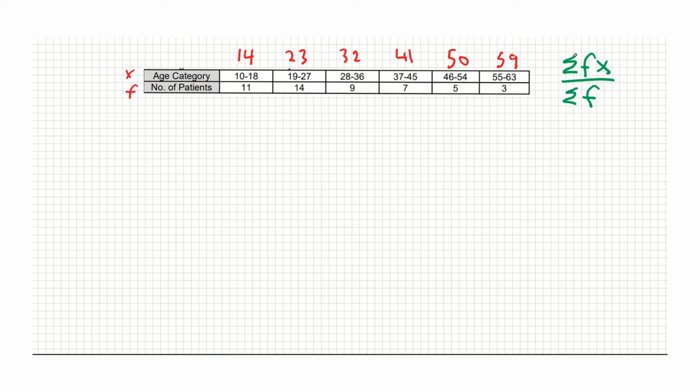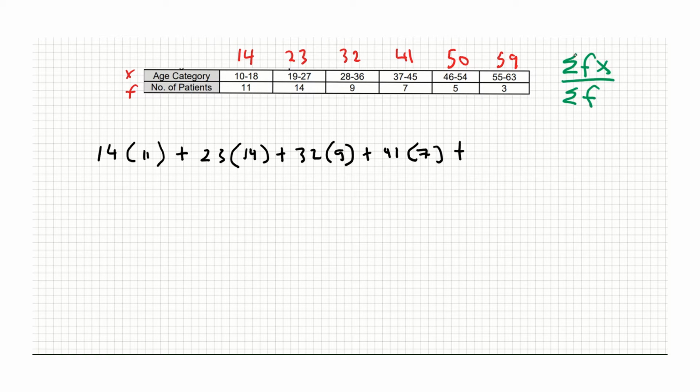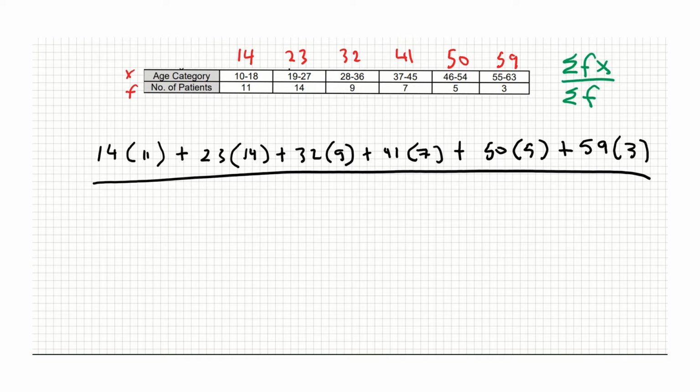So the frequency is 11, so that's 14 times 11 plus 23 times 14 plus 32 times 9 plus 41 times 7 plus 50 times 5 plus 59 times 3. And we divide that by the sum of the frequency. So the frequency is 11 plus 14 plus 9 plus 7 plus 5 plus 3. You can put all that into your calculator, and what you get out will be the mean.